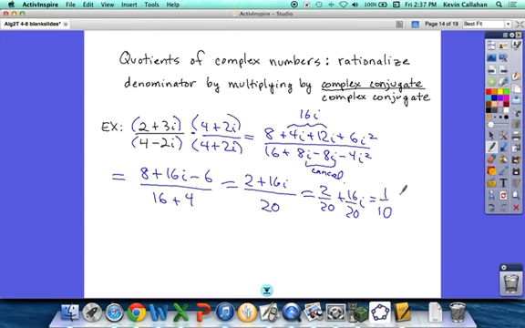And 16 over 20 is 4/5 times i. That is a plus bi. This is the answer.